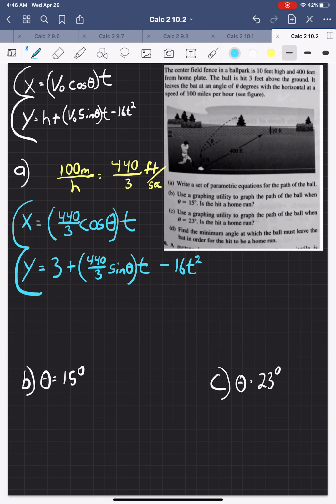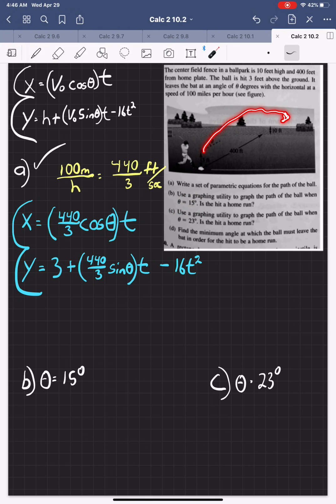So we're done with part A. Part B says to use a graphing utility to make this distinction. The question is, is the ball going to go over the fence?